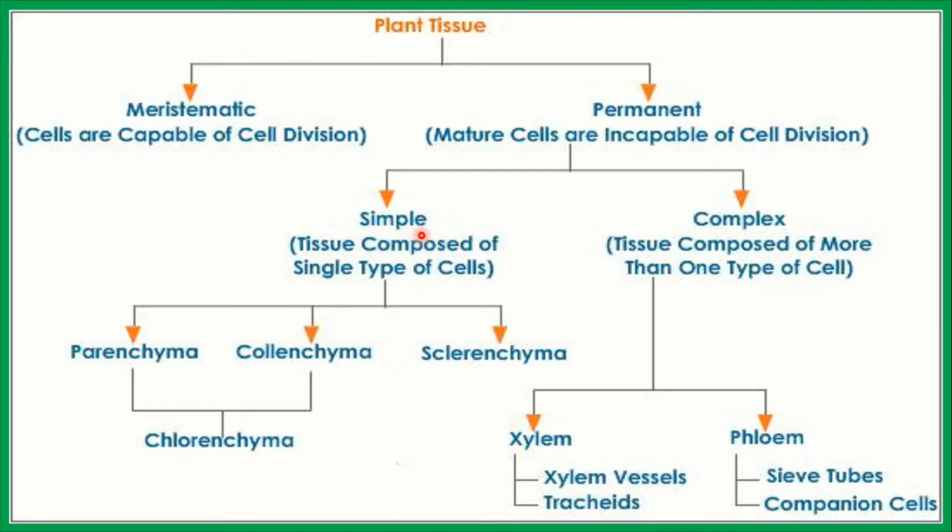So everybody see what is simple tissue. The permanent tissue which contains cells of the same shape, size and structure is called simple tissue. On the basis of nature of cell, simple tissues are of three types: parenchyma, collenchyma and sclerenchyma. Now everybody see the figure.